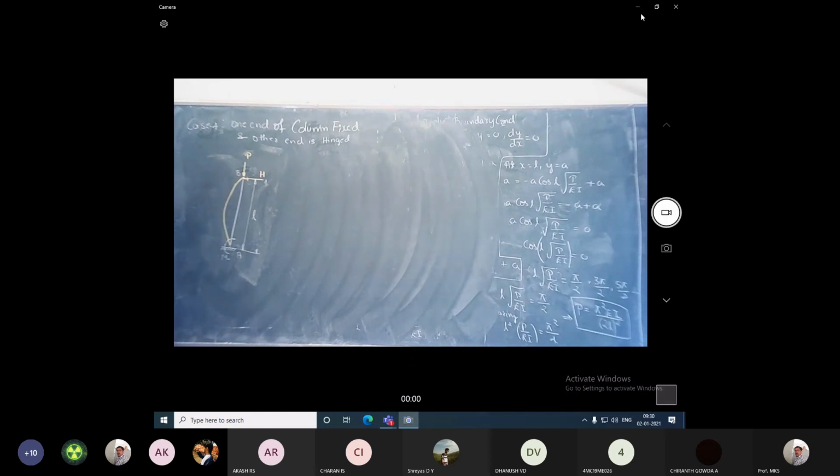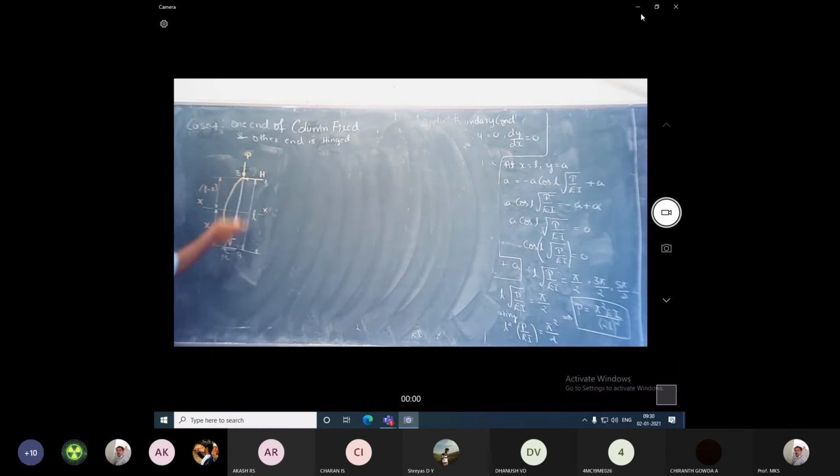So now let us consider any section X, which is at a distance small x from the fixed end. So when this is x, the remaining top portion will be L minus x.